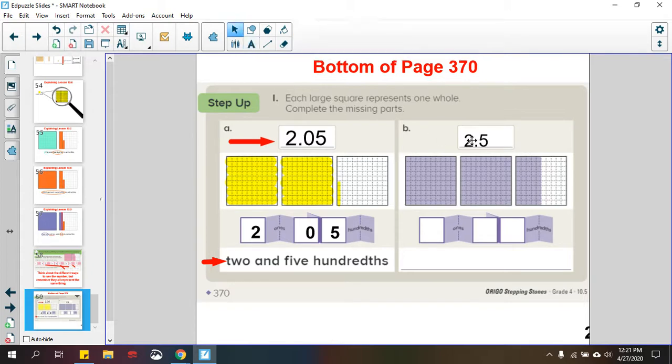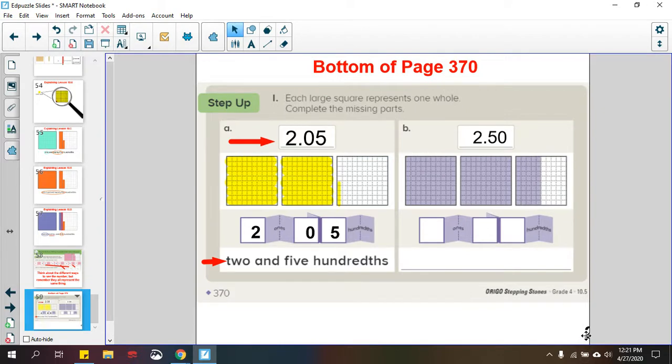I could say 2 and 5 tenths, or I could put a 0 at the end of that and say 2 and 50 hundredths. Either way, they stand for the same thing, because 5 tenths is what's colored in here if I'm looking at the columns all the way colored in. Or I've got 50 little teeny tiny squares.